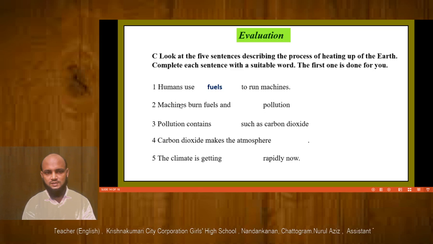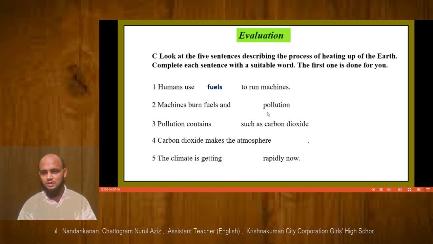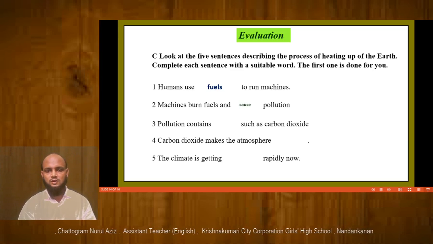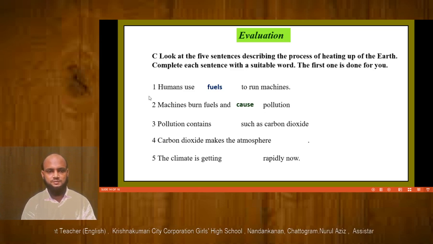The subject is here and the verb is here. For this subject, you should write another verb, because the subject is doing 2 things at the same time: burn fuels and dash pollution. That means creating pollution, something like that. So this should be cause, which means something causes something. Cause pollution.